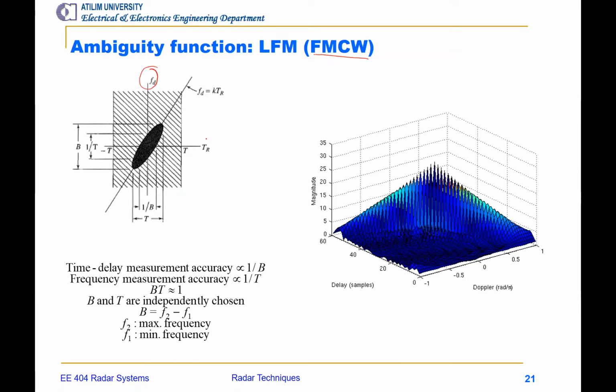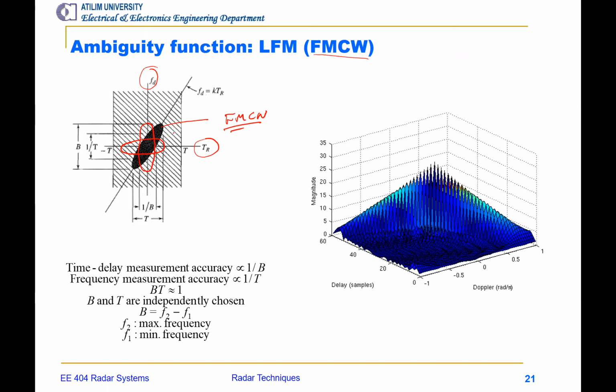Here's the Doppler axis, here's the range axis. For any pulse radar, we get an ambiguity function like this or like this. Now you see for FMCW radar, that's slanted, at 45 degrees.